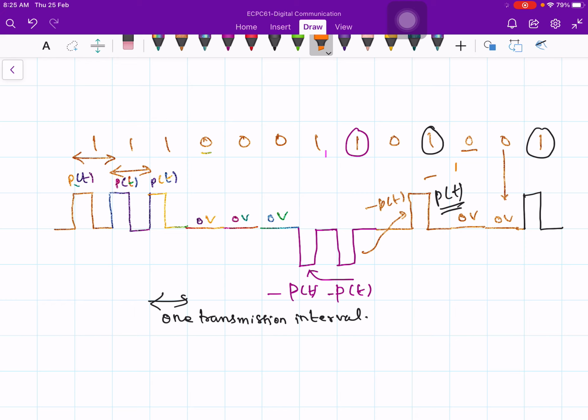Now let us see here. Obviously this one and this one, two ones are successively same. So there is no zero in between, right? There is no zero in between them, which indicates even number of zeros, because we consider 0 also to be an even number. Then the polarity remains same.